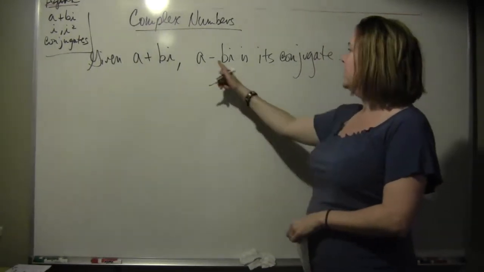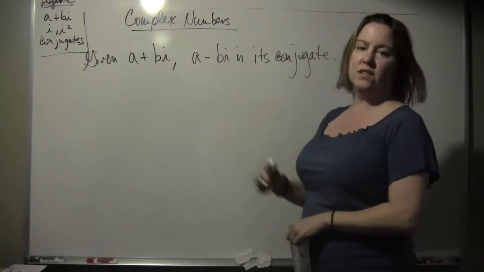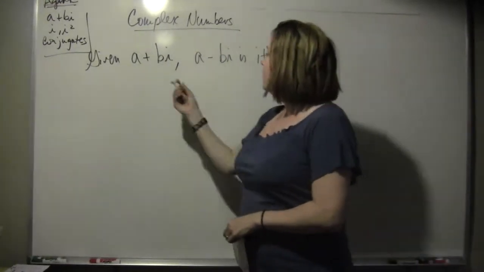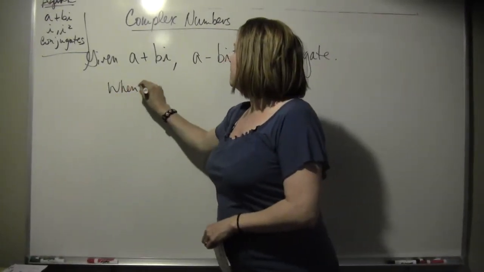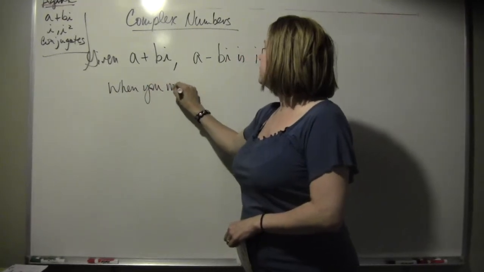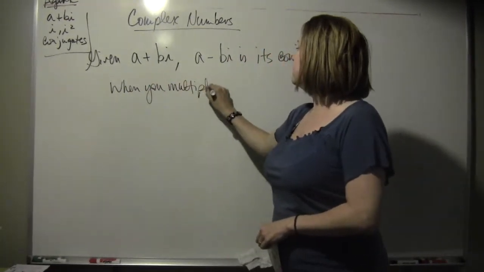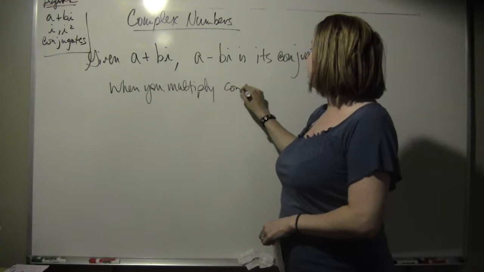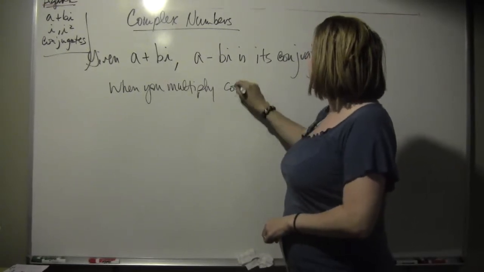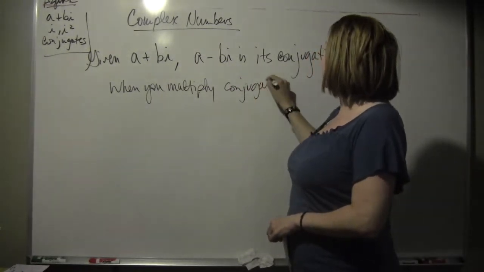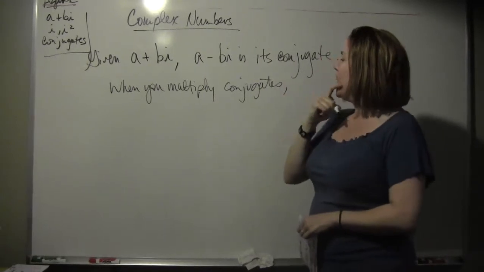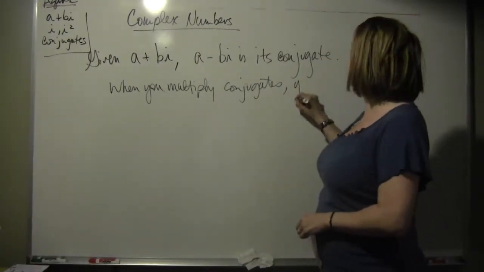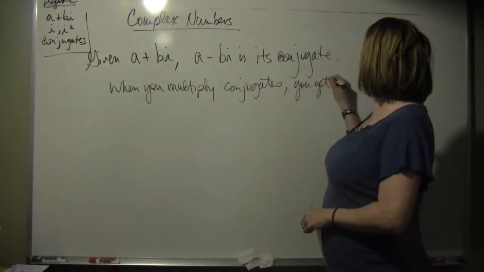Okay, so only the middle sign changes. When you multiply conjugates, you get a number. You get a real number.